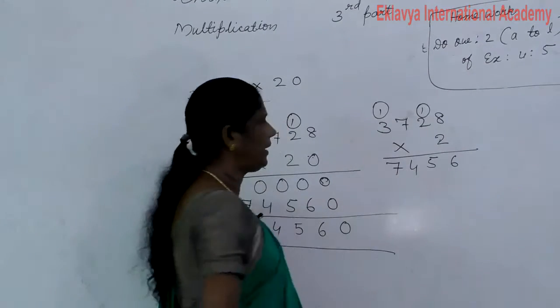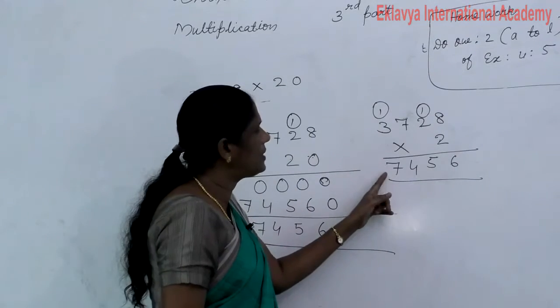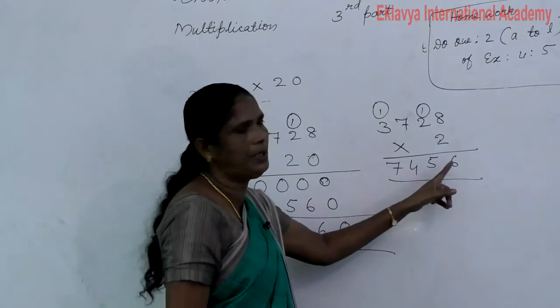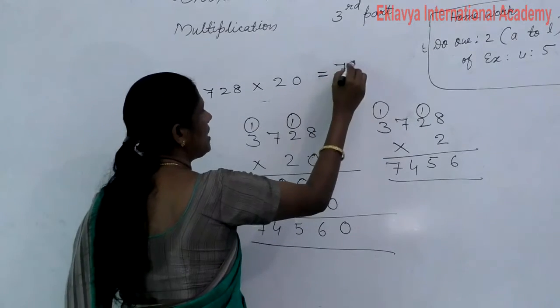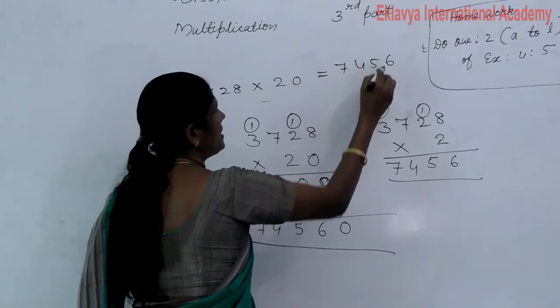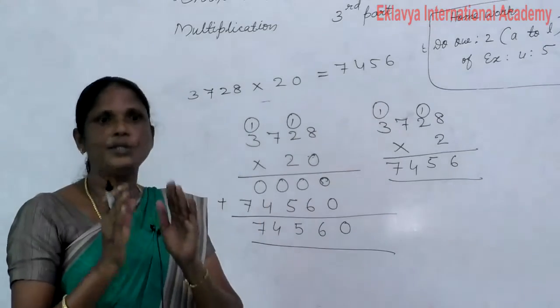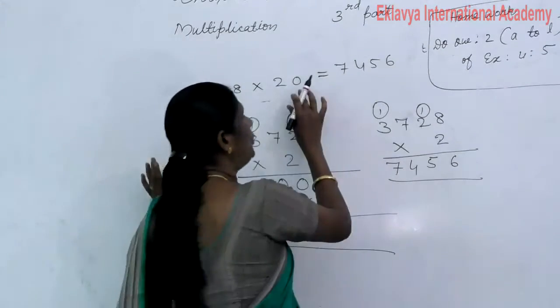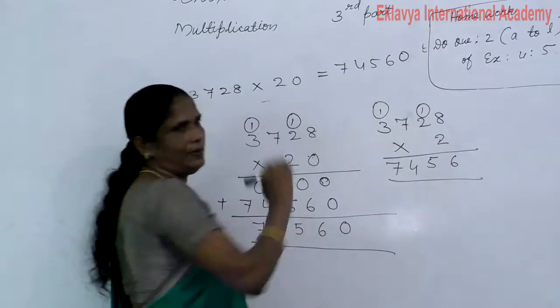Here our product is 7456. Then I write here 7456. How many 0 here left? 1 zero is left. I put this 0 on the right hand side of the product.